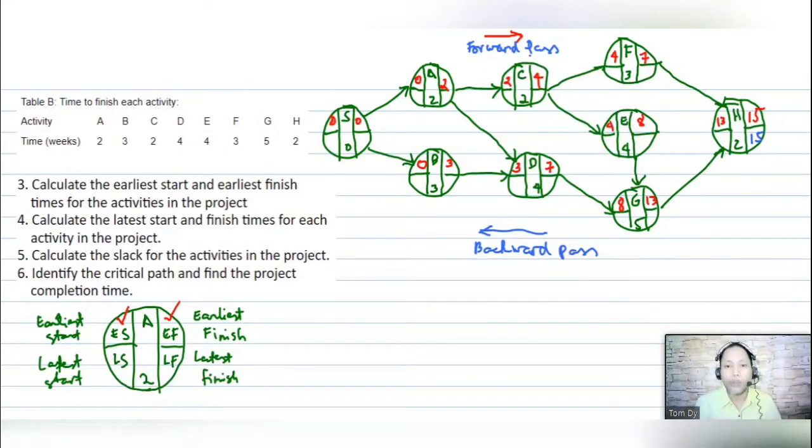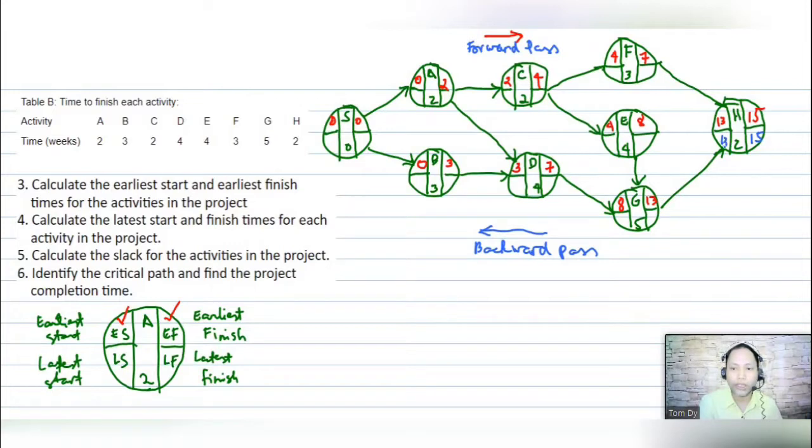Now, in the forward pass, we add the duration and select the highest value if we have two arrows. This time, we subtract the duration, and if there are two arrows, we select the lowest value. If this is 15, we subtract this duration: 15 minus 2 is 13.